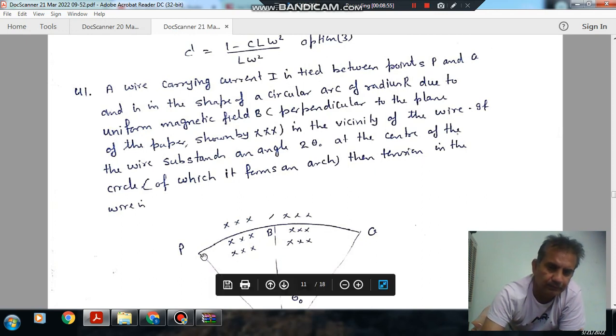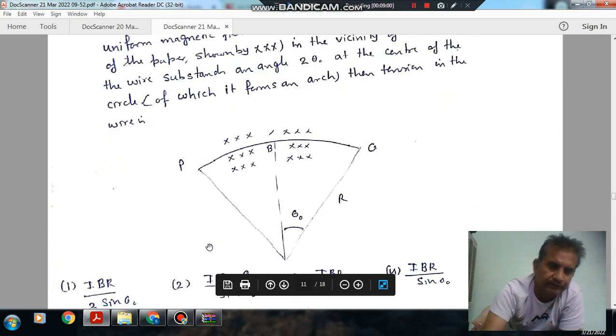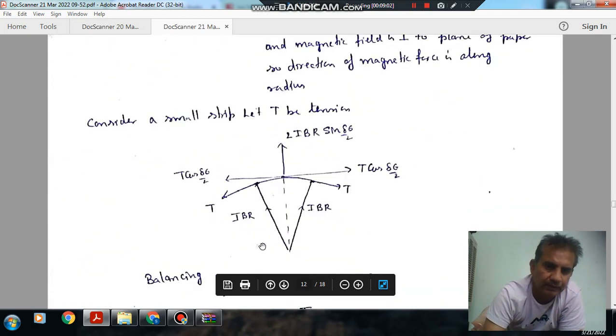So these are perpendicular, so the magnetic force will be in the third direction according to the right hand rule. So this is the magnetic force, and this will create a tension in the wire.